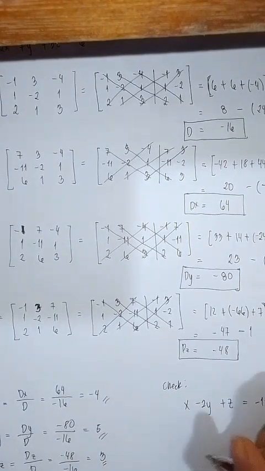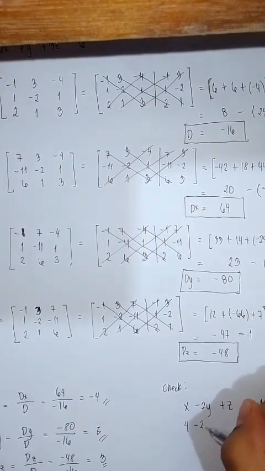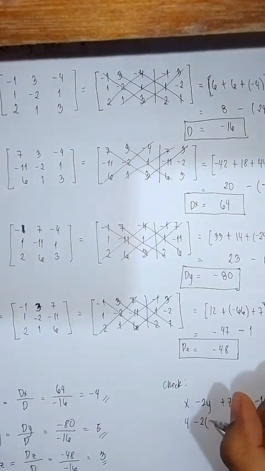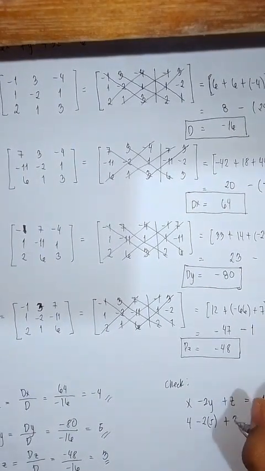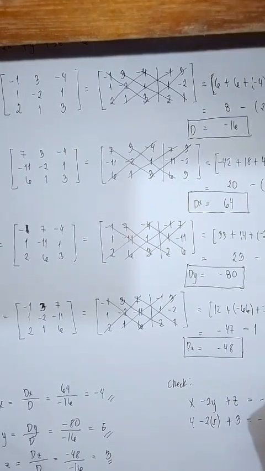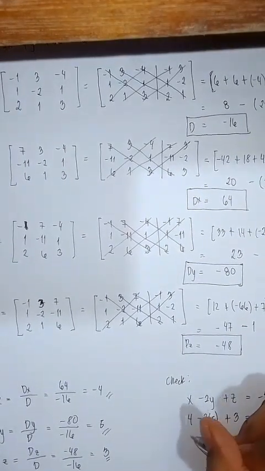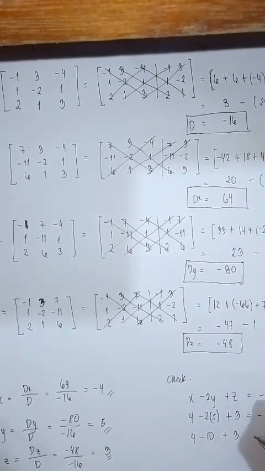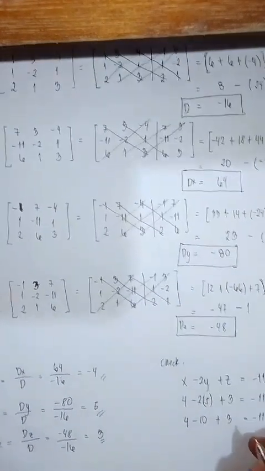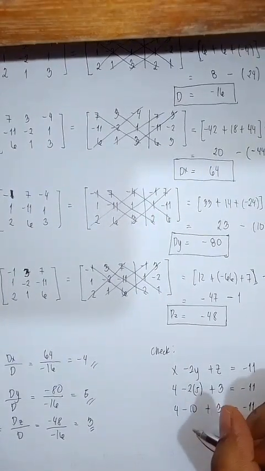So our x is 4 minus 2, our y is 5, plus our z is 3.